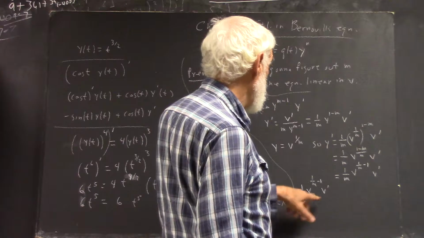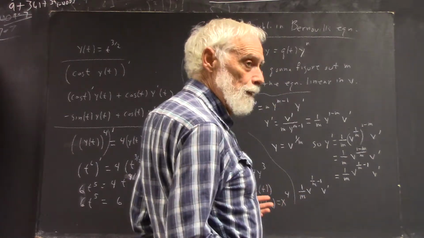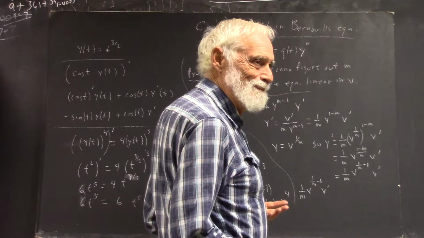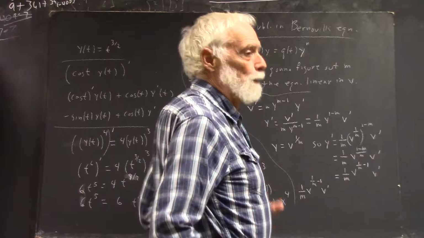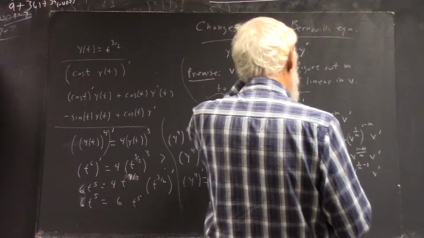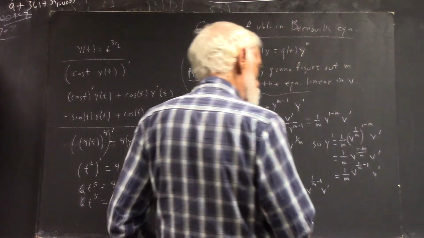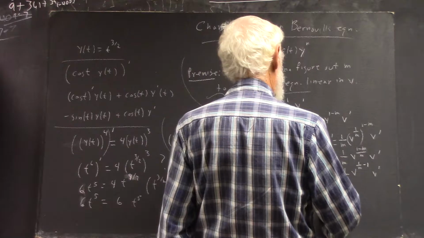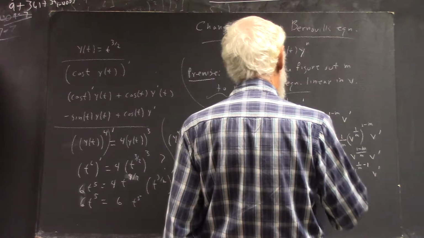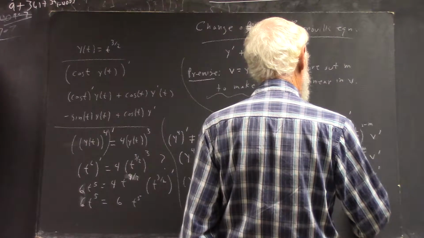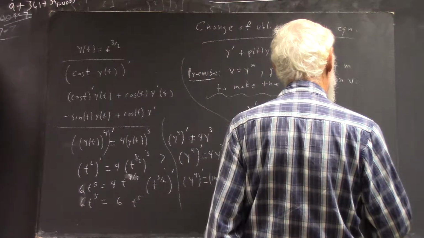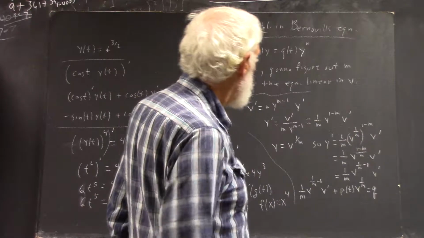Of course, we got this v in here, and that's going to be inconvenient until we figure out in the end that we want m to be 1 minus n. Now that's something I just kind of remembered. I wasn't sure about it, but I'm pretty sure about it. Then we have plus p of t multiplied by y, which is v to the 1 over m, remember? And this equals q. I'm not going to write the t, just to give myself enough room.